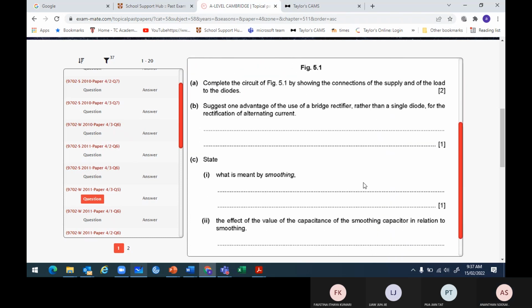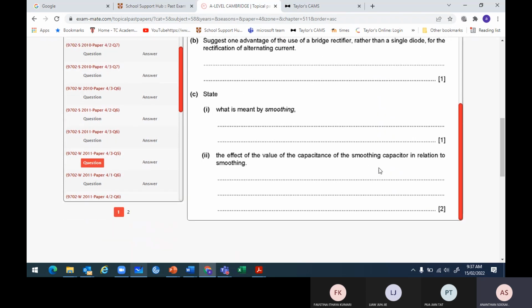Okay, then, suggest an advantage of using the bridge rectifier rather than a single diode. More power is available to the load. Full rectification. Okay, state what is meant by smoothing.